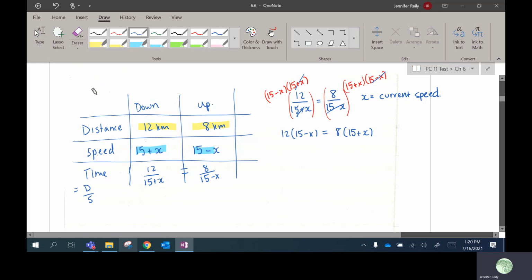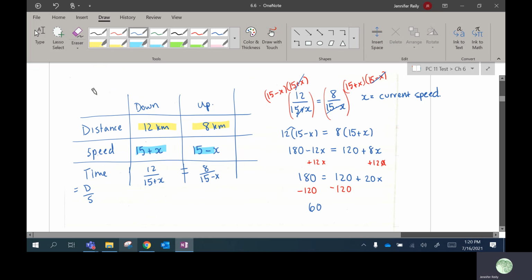Okay, and now I can go ahead and solve this. 12 times 15 is 180 minus 12x. And 8 times 15 is 120 plus 8x. This is not a quadratic equation, so we just solve this by moving all the x terms to one side. So I'll move the x terms to this side. So I have 180 equals 120 plus 20x. Subtract 120 on both sides.